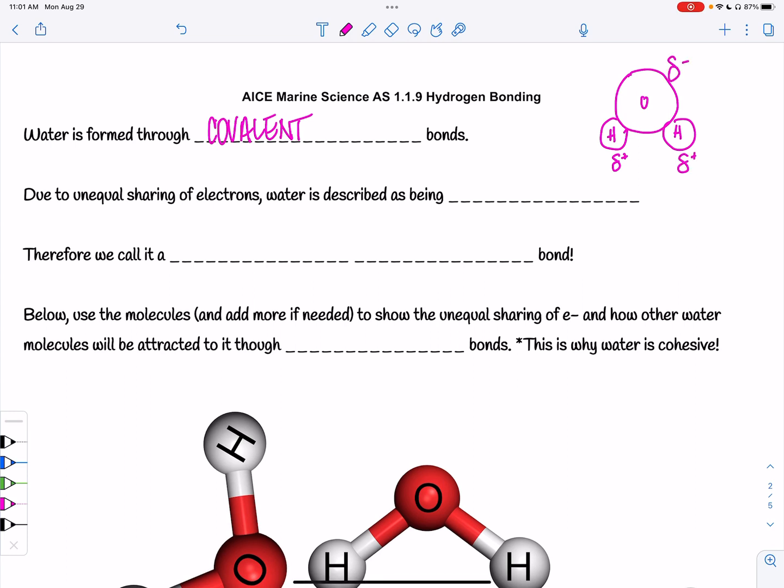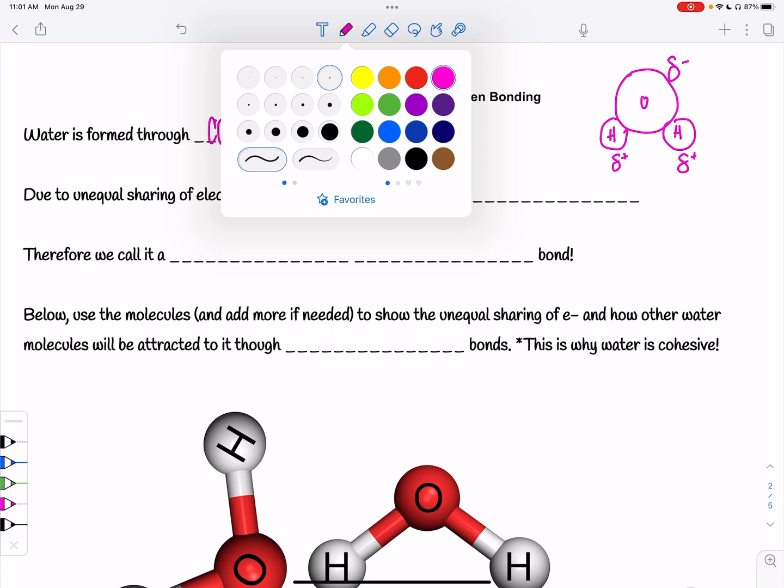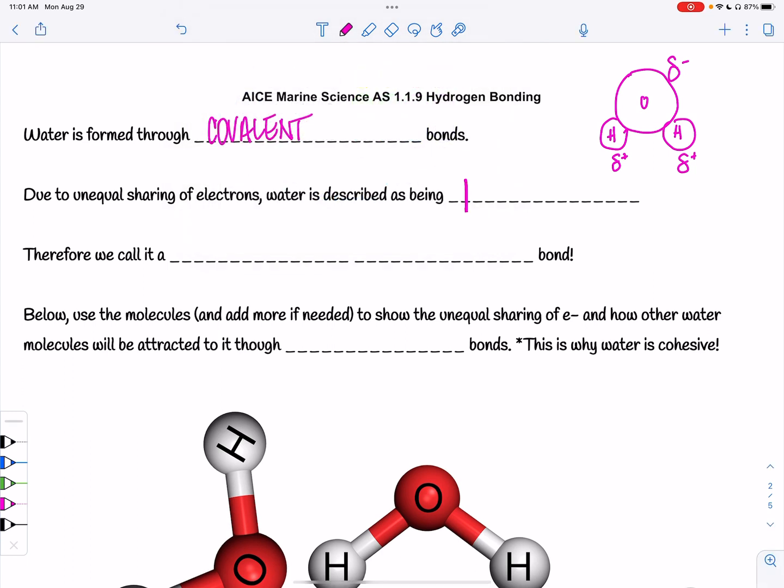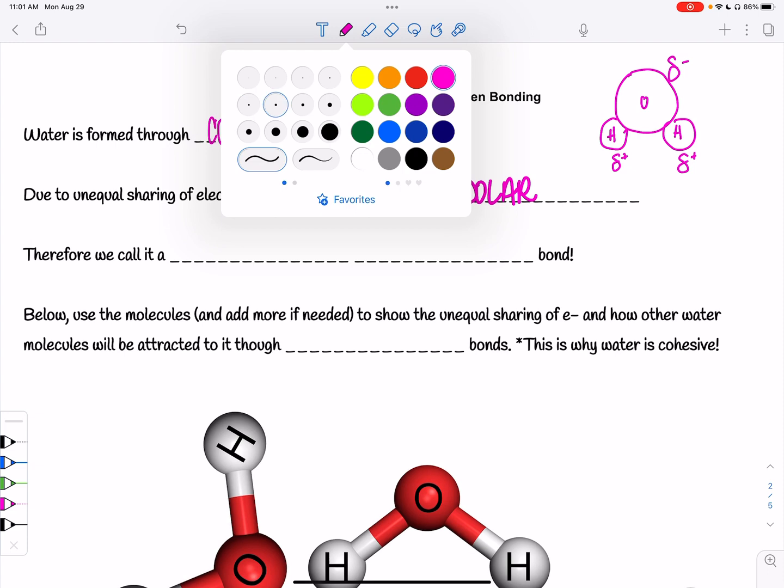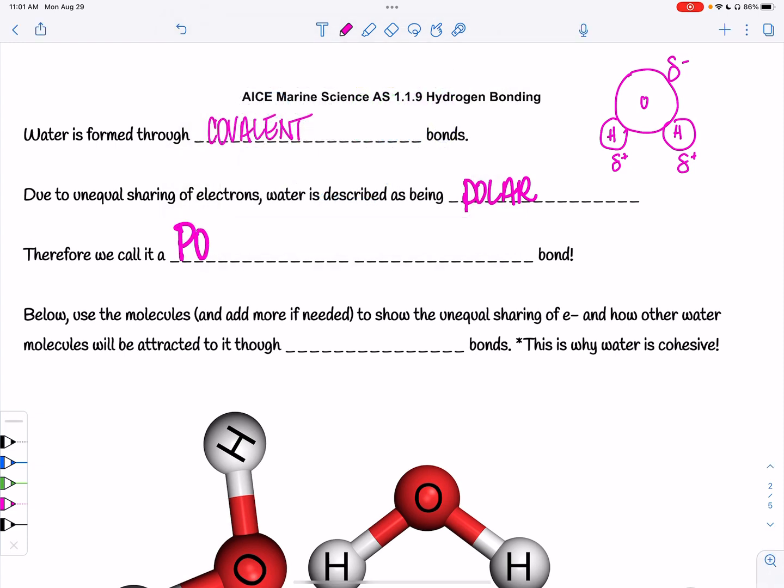Due to unequal sharing of electrons, water is described as being polar, meaning it shares electrons unequally. Therefore, we will call it a polar covalent bond.